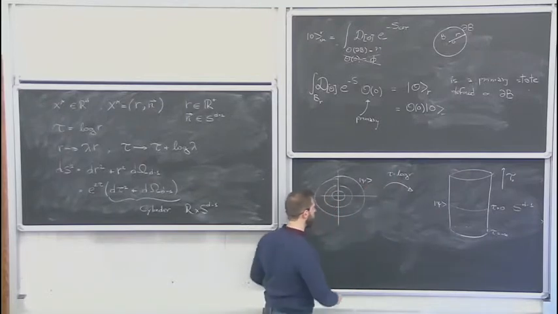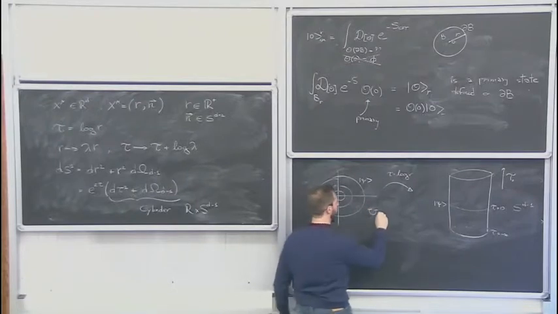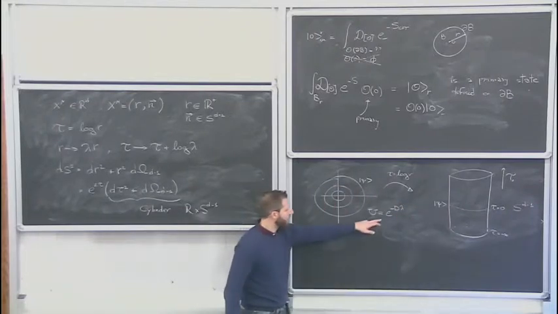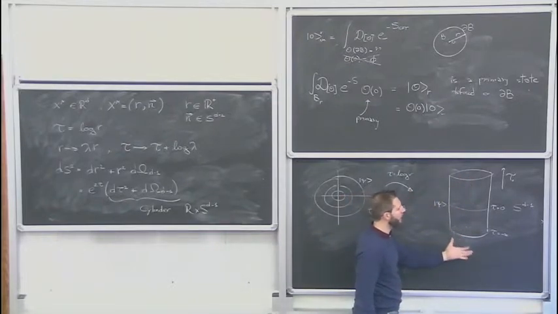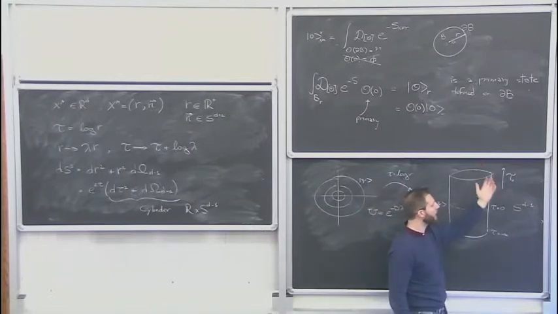Our time evolution before was a dilatation operator. Here you can think of the time evolution as literally the Hamiltonian of the system, because it's evolving in this time direction.